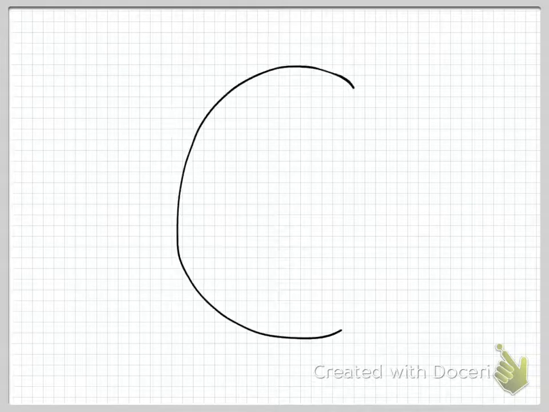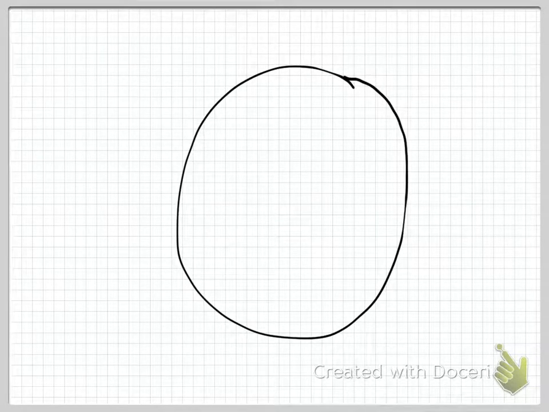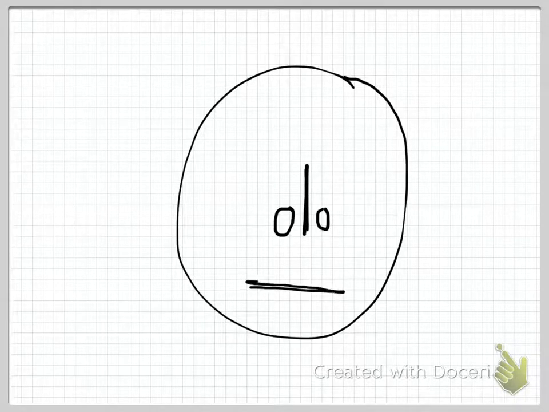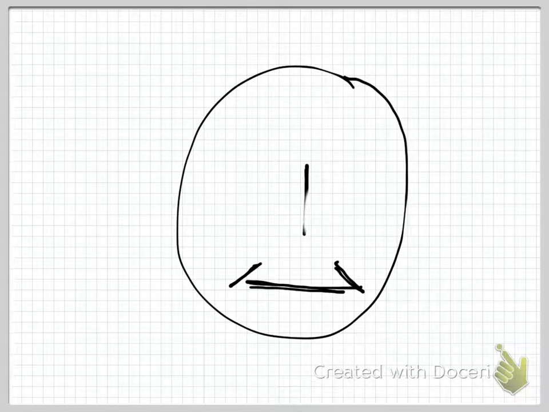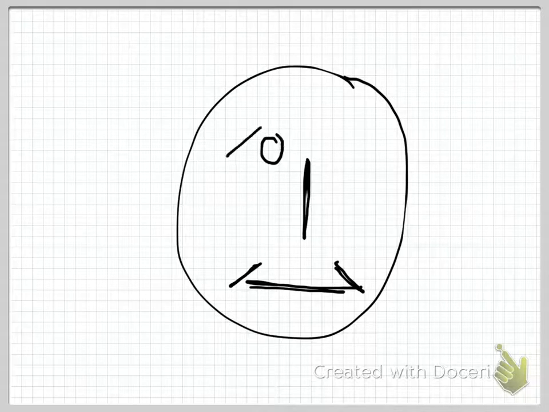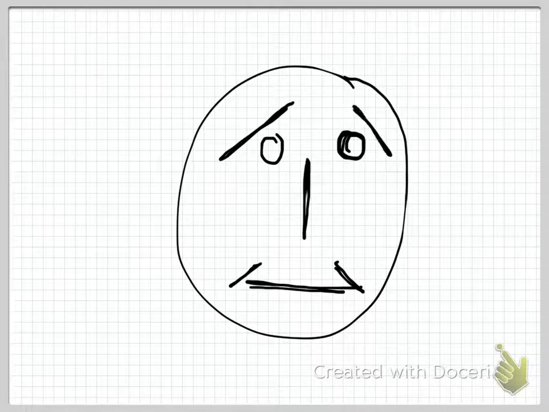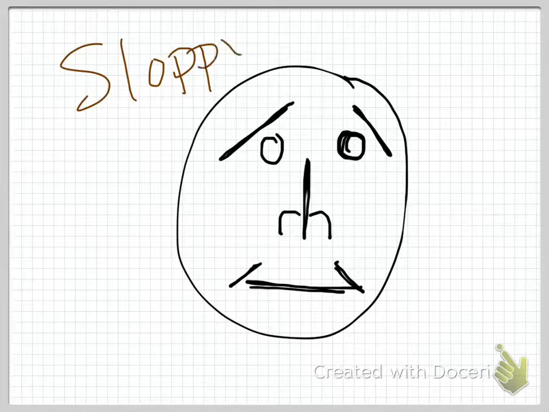This is a picture of Slopey Joe. Slopey Joe has an eye, looks like that, and then his other eyebrow looks like this.